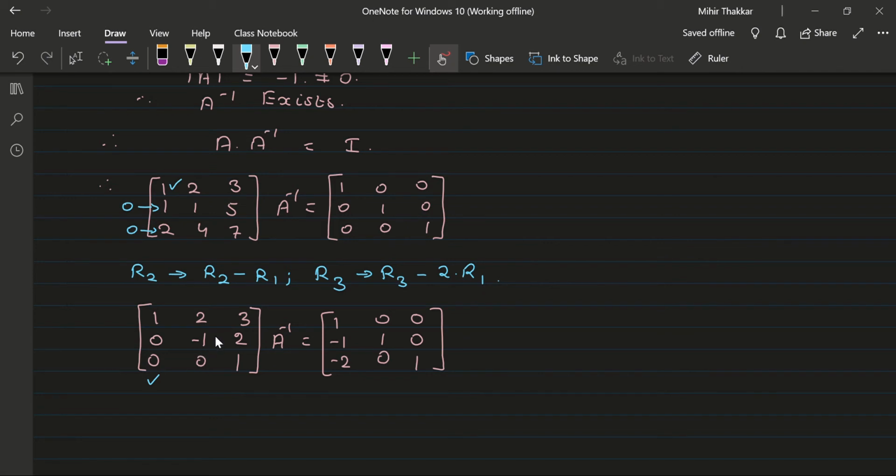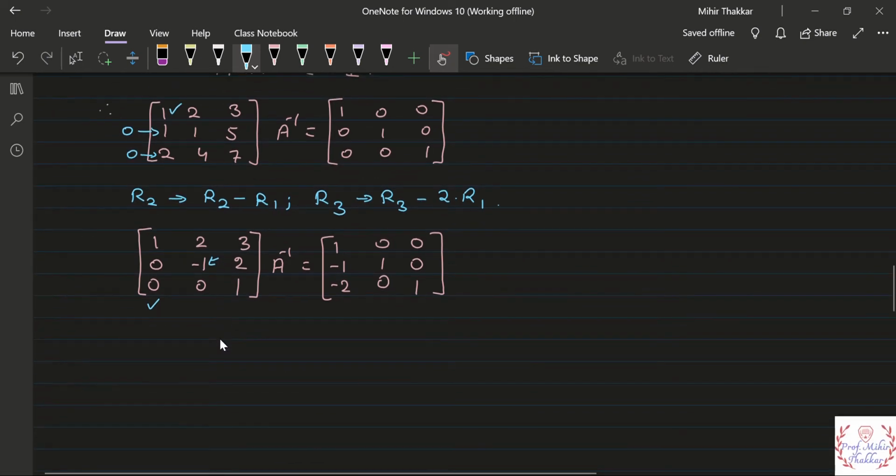In the second column we require 1 in this position. This is -1, so either you divide by -1 or you multiply by -1, the meaning will be exactly same. So suppose I say R2 changes to R2 into -1.